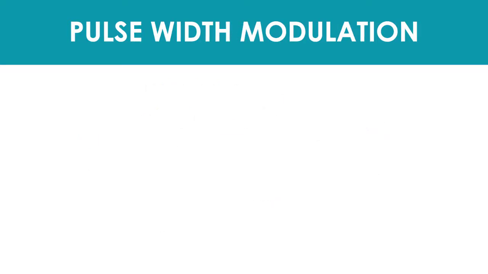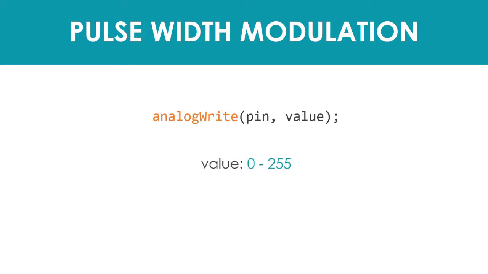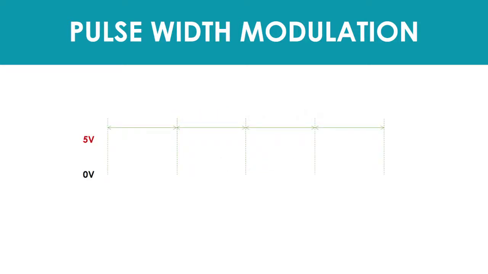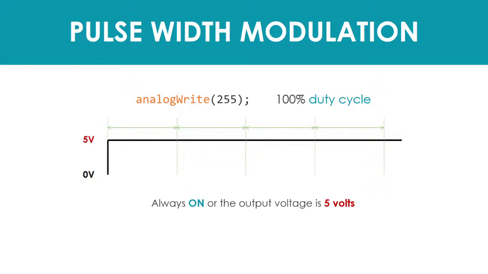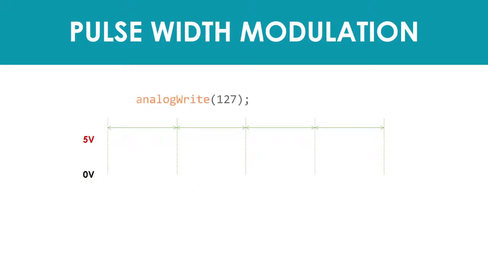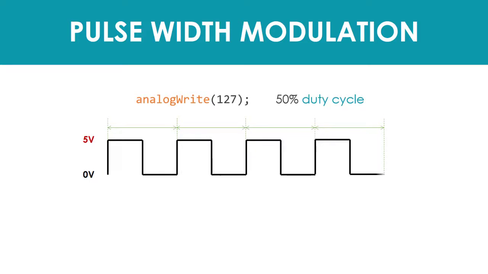In Arduino Uno, we can use the analogWrite function to generate a PWM signal through its PWM pins. A call to analogWrite is on a scale of 0 to 255, such that analogWrite 255 requests a 100% duty cycle, which is always on, or in this case, fixed to 5 volts. The analogWrite 127 gives us 50% duty cycle, which is on half of the time.